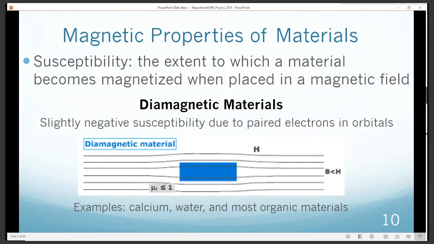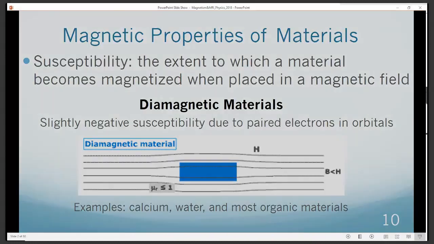One example of a magnetic material is diamagnetic materials, and these are materials that when placed into a magnetic field, the magnetic field inside the material will be slightly less than that of the applied magnetic field. Examples of materials that are diamagnetic include calcium, water, and in fact, most organic materials and most living cells are diamagnetic.